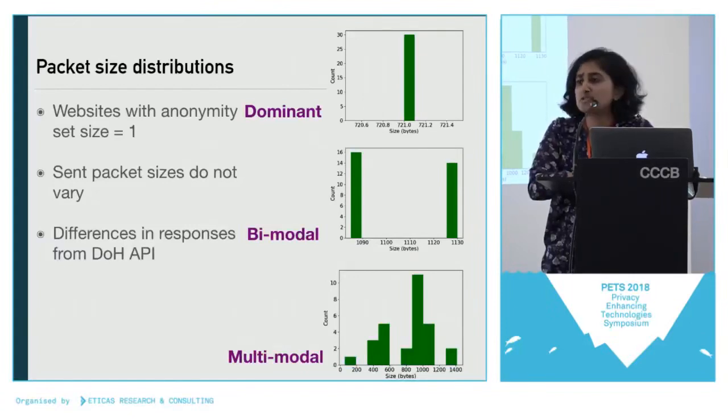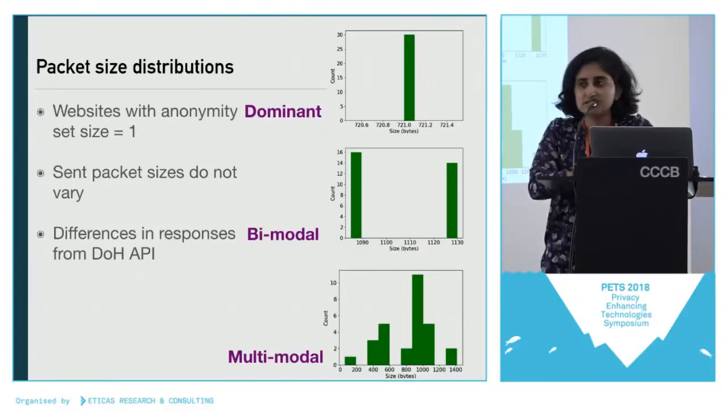Here I'm just showing some sample plots to show the kind of trends that we observe. We categorize the trends in the sizes into three. Dominant category means that we see only one particular size value over all our experimental runs. In a bimodal category, we see two different packet sizes. And then we have the multimodal category where we can see multiple size values.